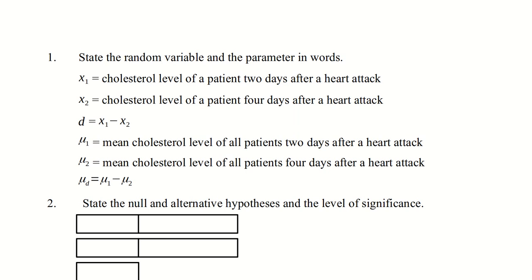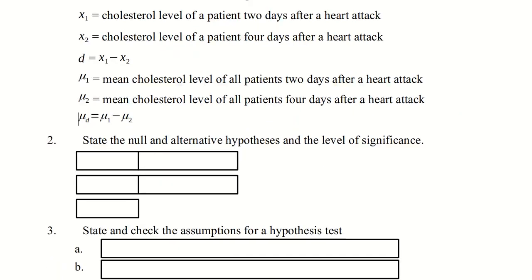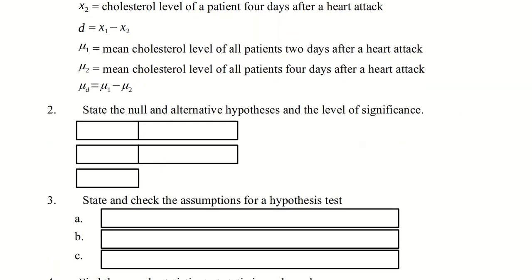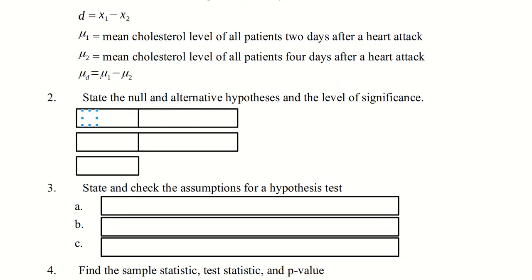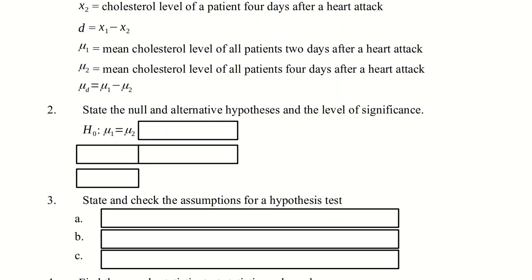Now that's important because in a hypothesis test we do get some information from the null hypothesis. Remember, we're allowed to assume the null hypothesis. So we're going to say that the null hypothesis is that there's nothing really going on, that the 2 population means are the same. Mu sub 1 equals mu sub 2. Now notice that this is an algebraic expression.